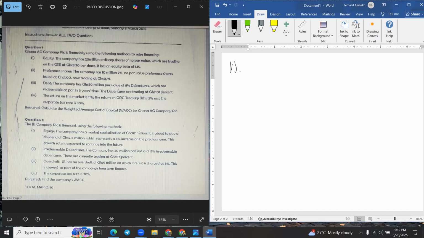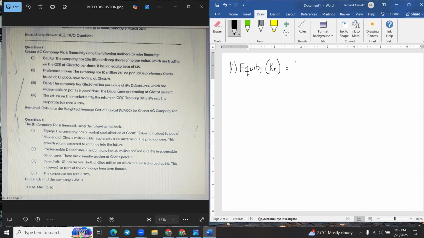Equity is basically an ordinary share, denoted by Ke. Luckily for us, this question did not give us a dividend, but it has given us what we need to determine Ke. Here, we'll be using the capital asset pricing model formula.